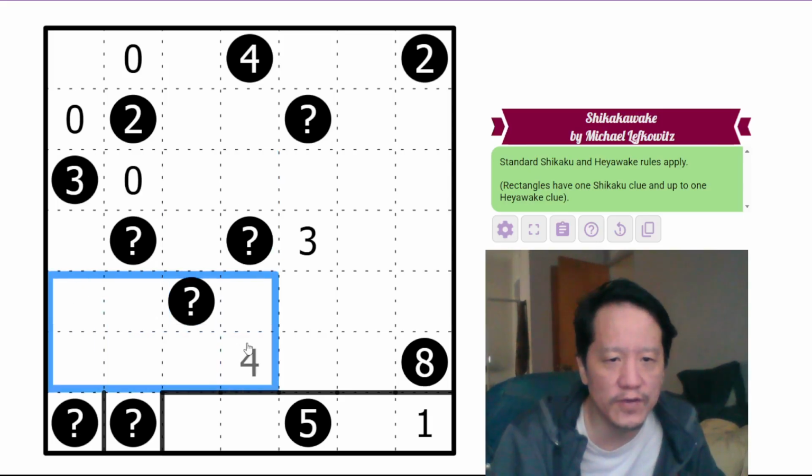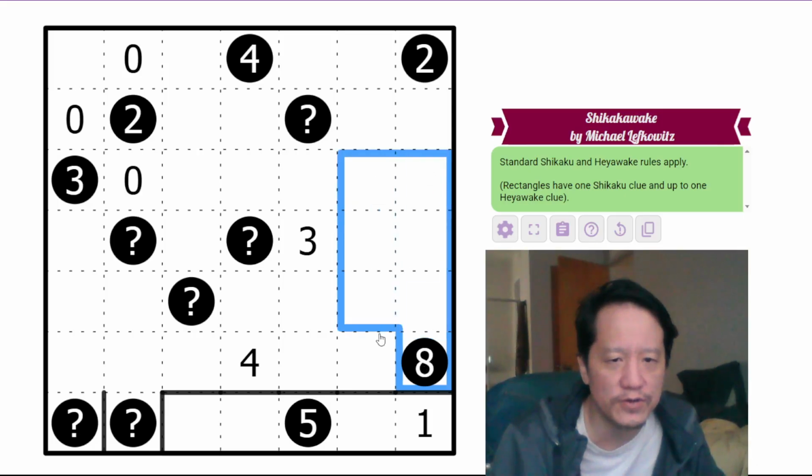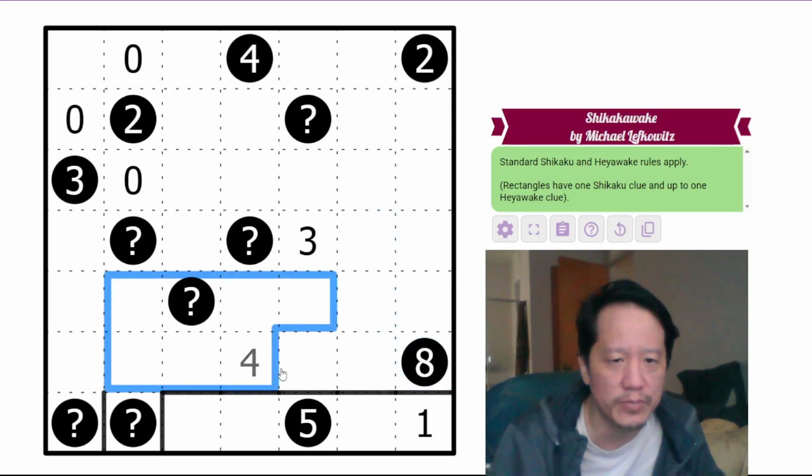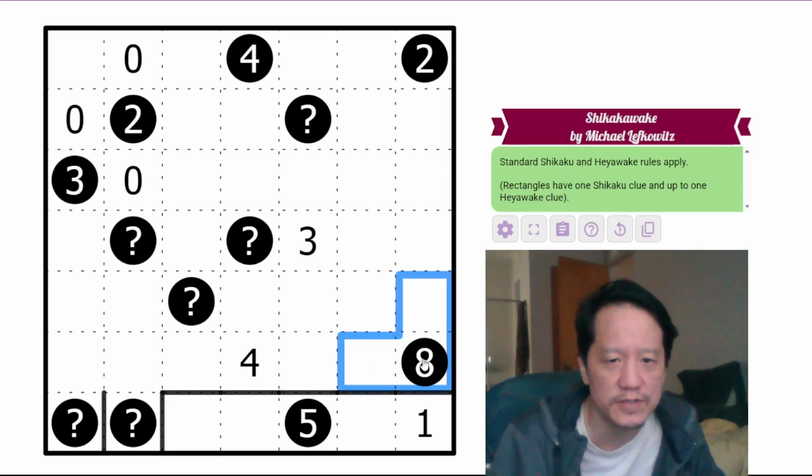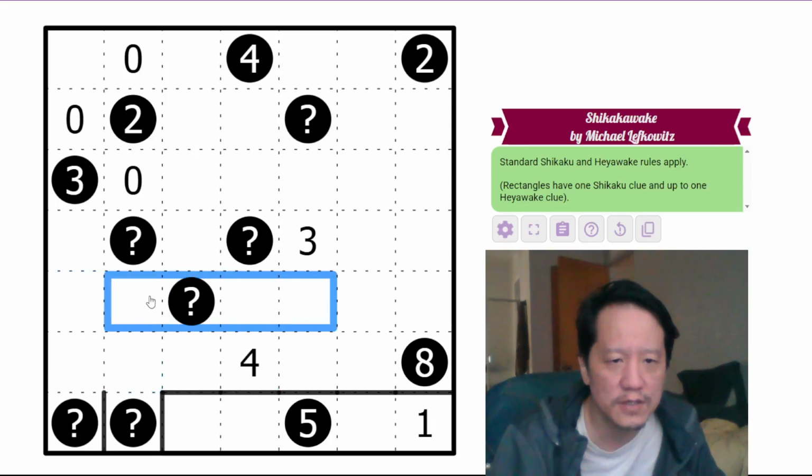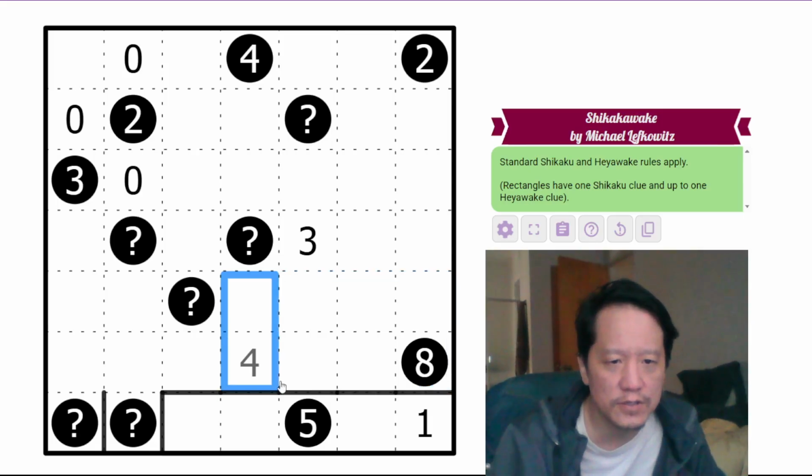You could have 8 here, 8 here. This has to be 8 also. So if this is not part of this 8, this has to have an 8 that way. So it could be part of this 8, or it's part of this 8. So these are the same region. This could be 1 and 1.